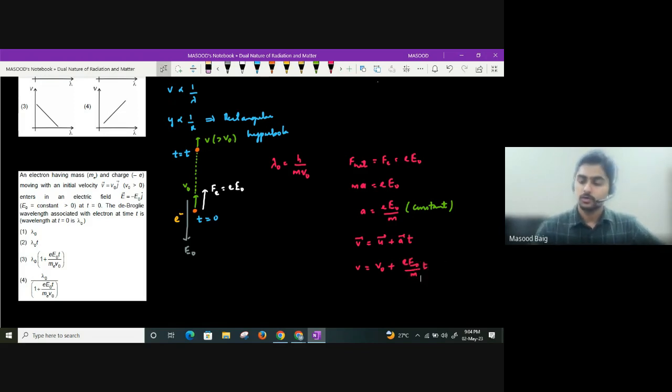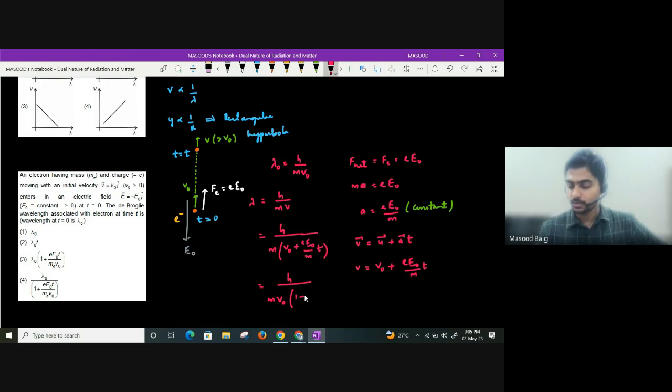Clear? So what will our new de Broglie wavelength be? Lambda will be h divided by m into v. Now how can I write v? I can write it as v naught plus e E naught divided by m into t. Let us take v naught common. What are we going to get? 1 plus e E naught divided by m v naught into t.